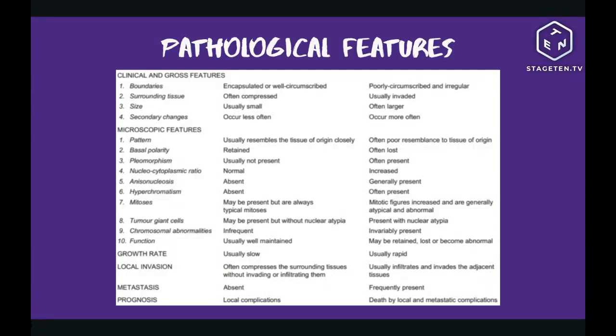A malignant tumor usually has poorly circumscribed and irregular boundaries. Surrounding tissue is usually invaded. They are often larger and they occur more often.